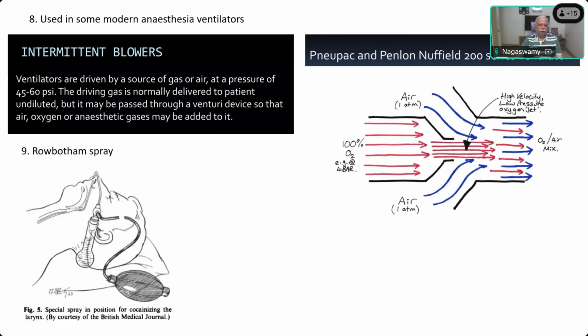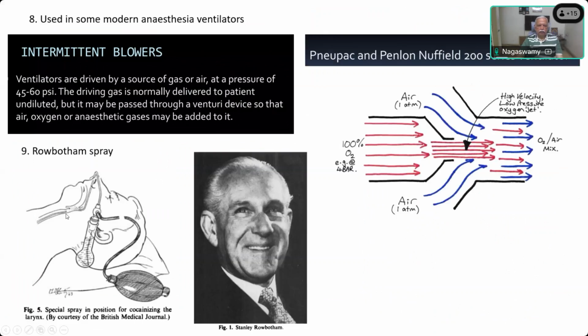Then, for historical interest's sake, there is a spray called the Rowbotham spray. It was used by Stanley Rowbotham, a very popular anesthesiologist who worked with Sir Ivan Magill and Harold Gillies, the plastic surgeon, during the Second World War. These three people did a lot of challenging work on the maintenance of the airway and anesthetizing. He gave local anesthesia for more than 5,000 thyroidectomies, done successfully without intubation.